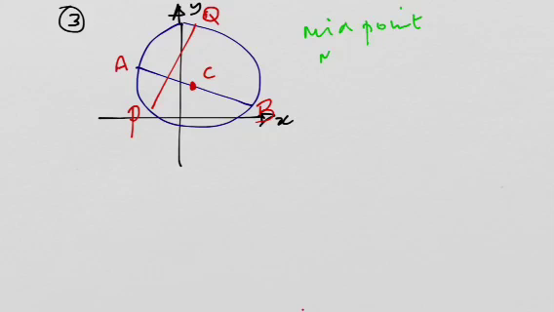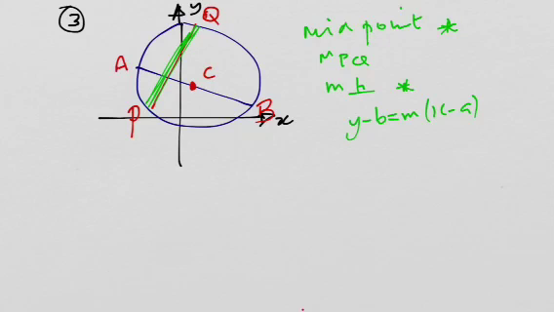We find the gradient of PQ, then we find the perpendicular gradient, and we use this point and this gradient in y minus b equals m times x minus a. And that should give you the gradient of the line PQ. Sorry, it's not. That gives you the gradient of the line AB, this line here.